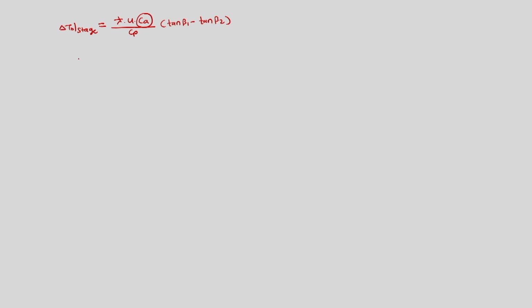We will make use of the formula for degree of reaction, which is 0.5, and this gives us U upon Ca is equal to tan beta 1 plus tan beta 2, which is also tan alpha 2 plus tan alpha 1, and this gives us 0.9325 plus 0.9325, and it gives us 1.8650.